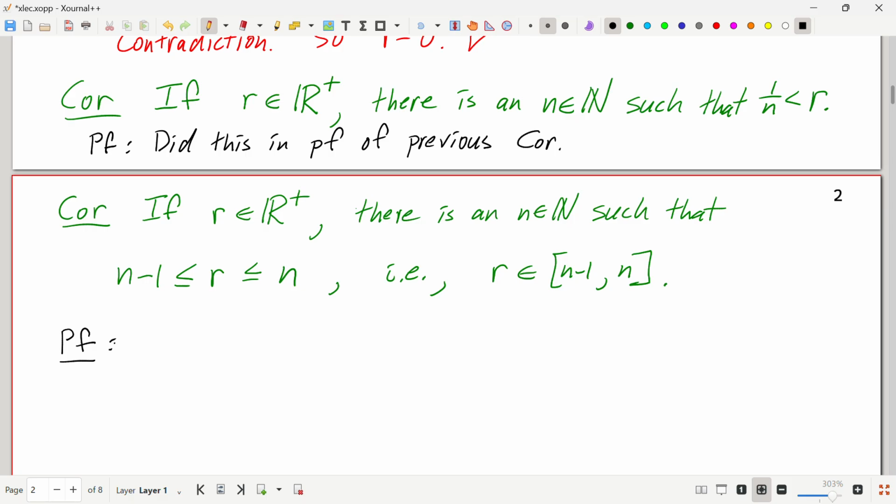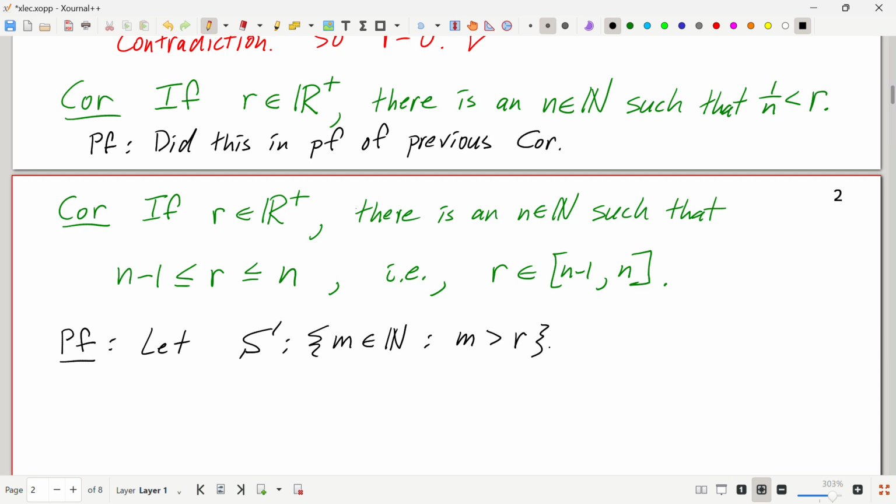Let's see. So let S be the set of all positive integers m such that m is bigger than r.